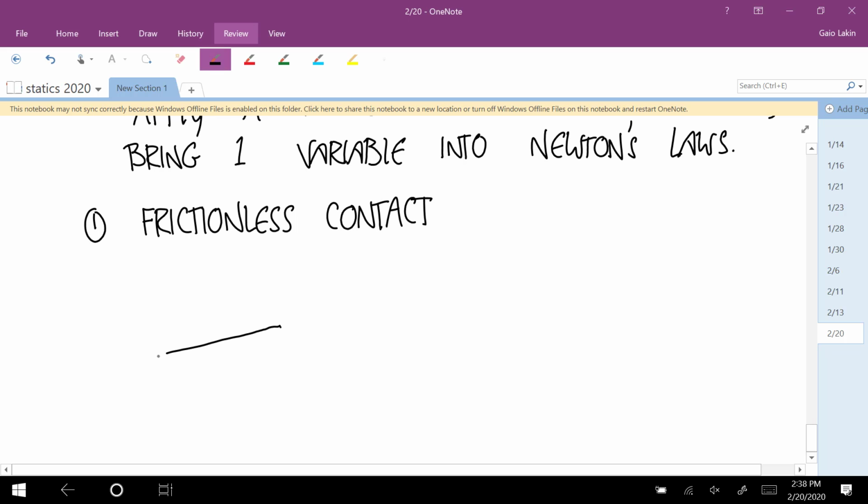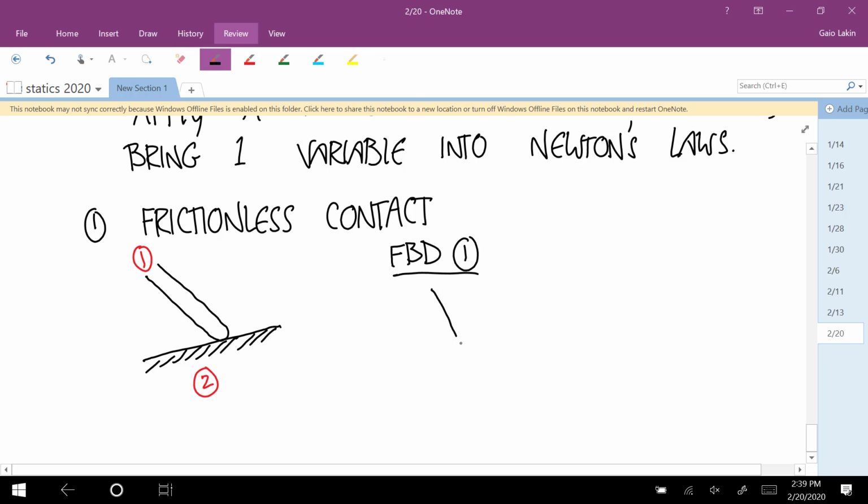I'm not really going to try to draw this in 3-dimensionally, but it works the same way as it does in 2D. The direction is always perpendicular to the surface of contact. So if this is body 1 and this is body 2, then a free body diagram of body 1, make it look a little more like the one over here, is going to be perpendicular to this surface of contact.